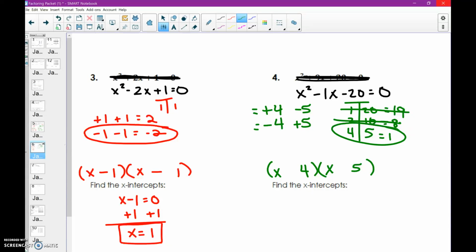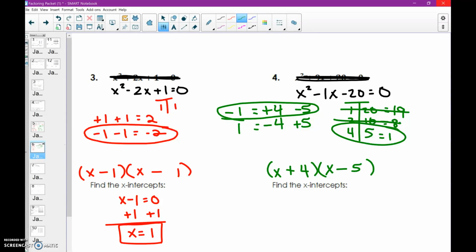Okay, so now let's check and see what happens when I combine them. What's positive 4 minus 5 equal? That's negative 1. Negative 4 plus 5 is positive 1. Look back at my equation and I want negative 1, so it's this one that I'm looking for. And if I was to multiply all of that out all over again, I should get this equation if I did it correctly.